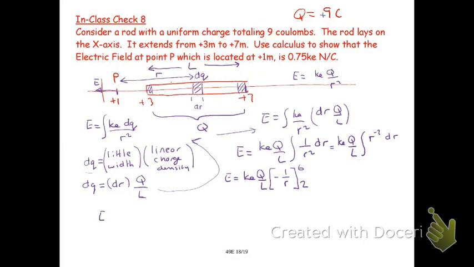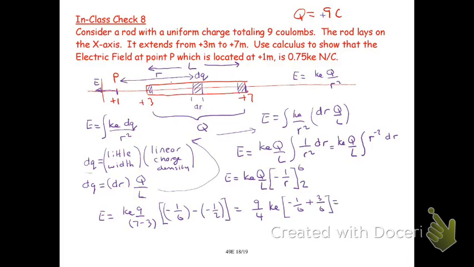So then I say, well, E is equal to KE. Let's put some numbers in. 9 over, my L is going to be 7 minus 3, which is 4, times minus 1 over 6 minus minus 1 over 2, which equals 9 over 4 KE, and this is going to be minus 1 over 6 plus 3 over 6, which equals 9 over 4 KE, and that's going to be 2 over 6.